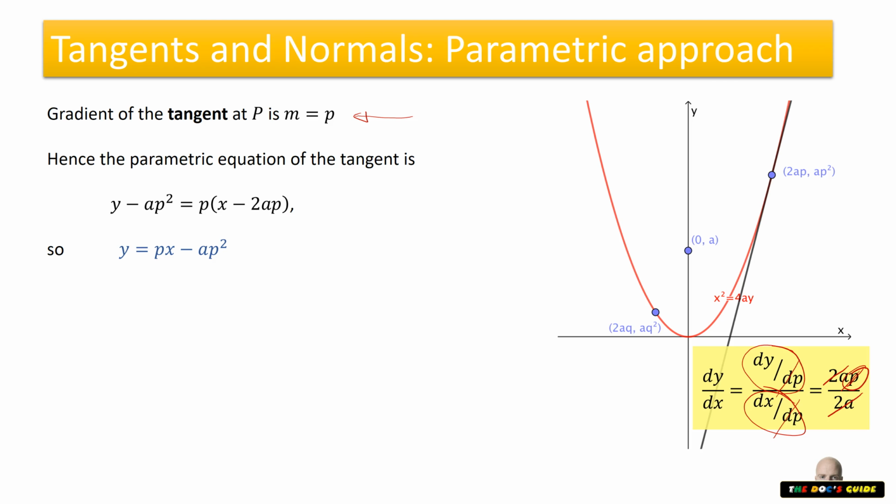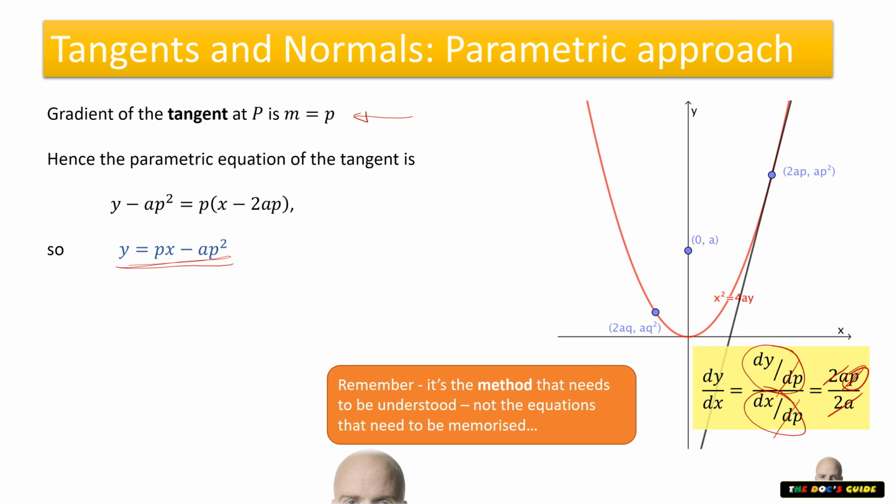So altogether, this is our equation for the tangent at the point where the parameter value is p. Now that's relatively easy to remember, and if you can remember it, fantastic, but it's the method that we need to understand. Once again, we don't have to memorize these equations.